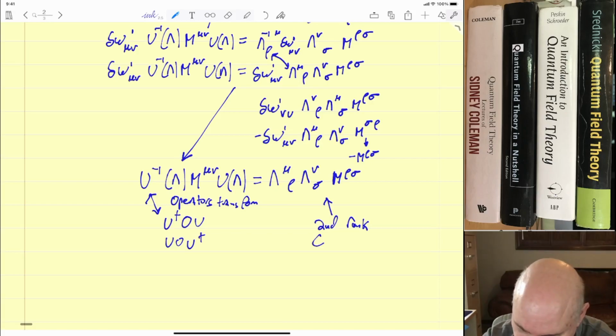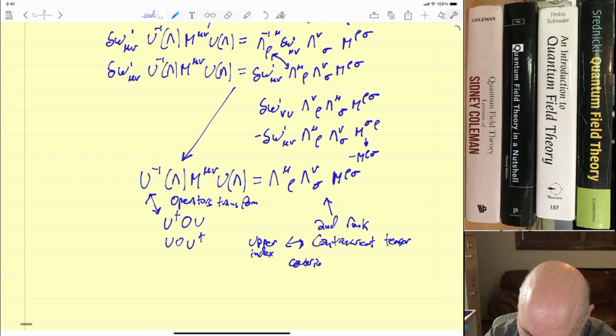And contravariant and covariant are fancy words. Contravariant just means upper index, and covariant means lower index.